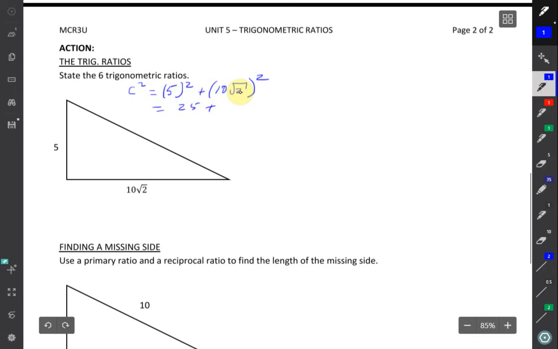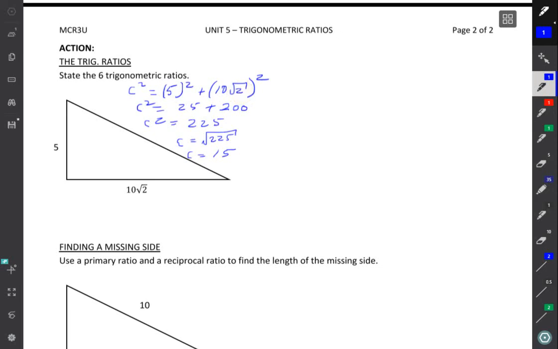So that would be 100 times 2, which is 200. And that leaves us with C squared is equal to 225. C is equal to the square root of 225, and if you do that, what you will get is 15. So now we know the hypotenuse is 15.